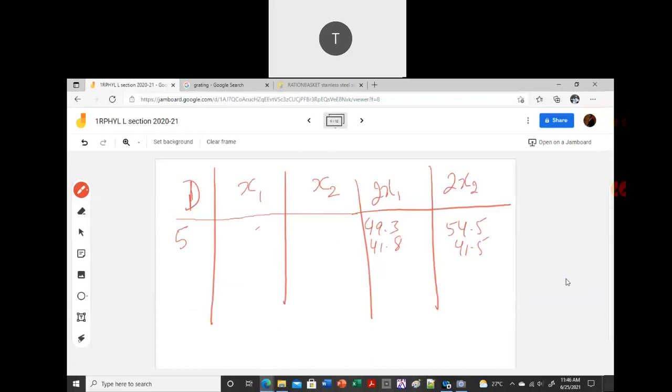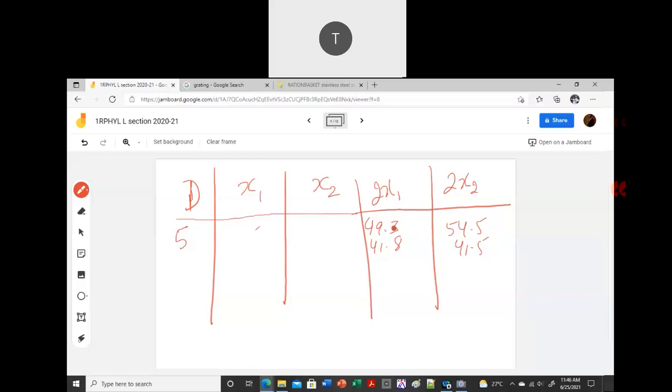Now we have got these values. What I will do is find the difference here. I got 2 times x1. So what will be your x1? You have to do 49.3 minus 41.8.